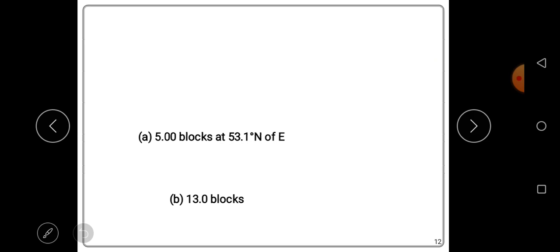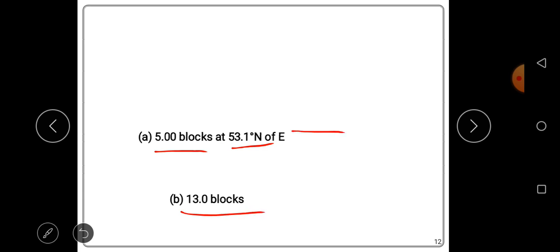So the final answer, to summarize whatever was being discussed: A, the answer is 5.00 blocks at 53.1 degrees north of east. Then B, it's 13.0 blocks.